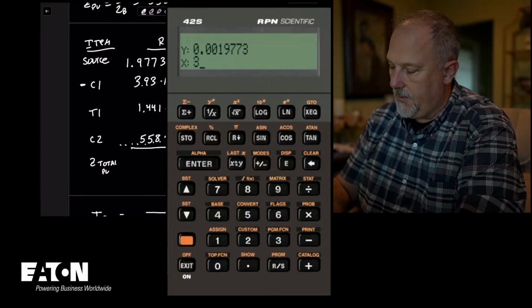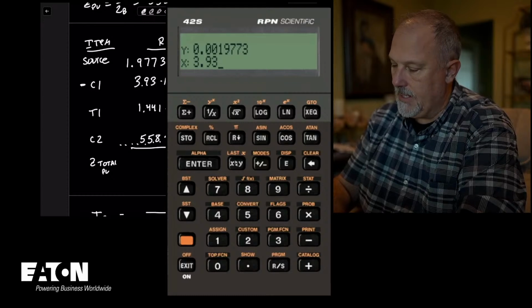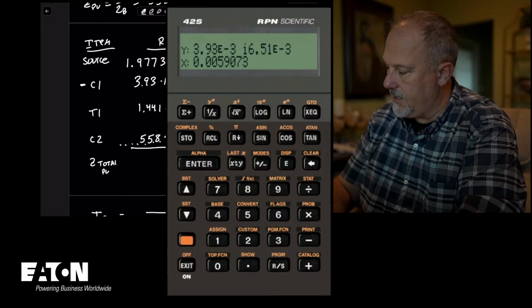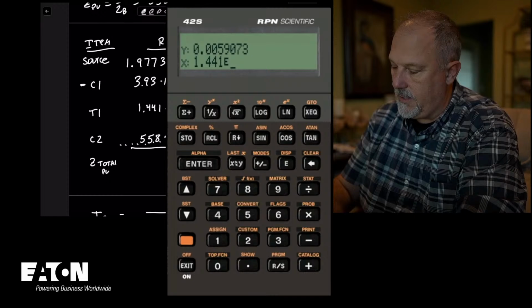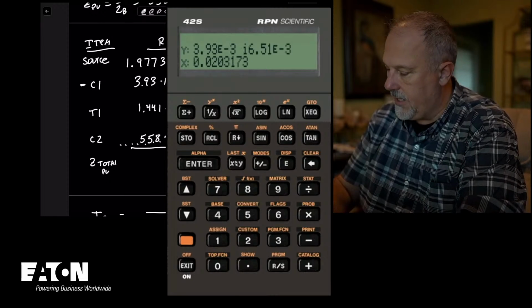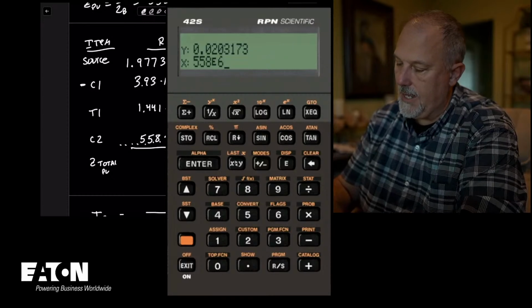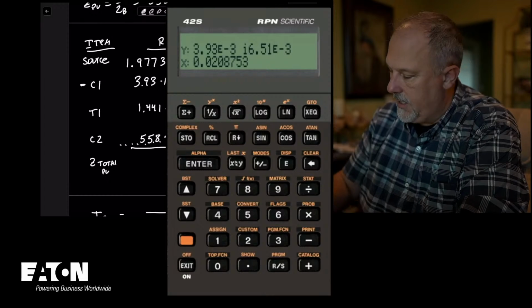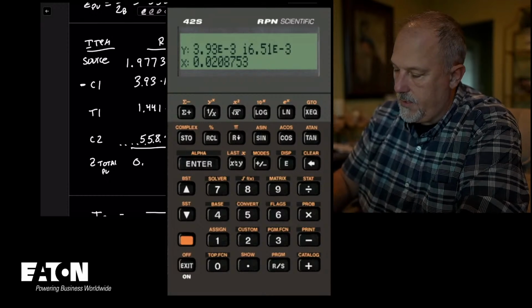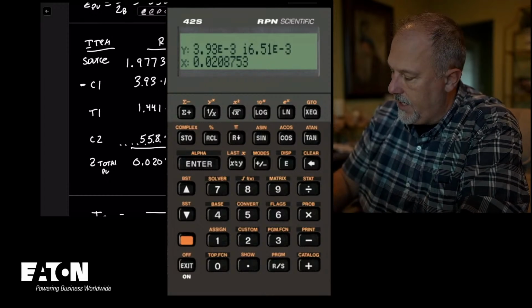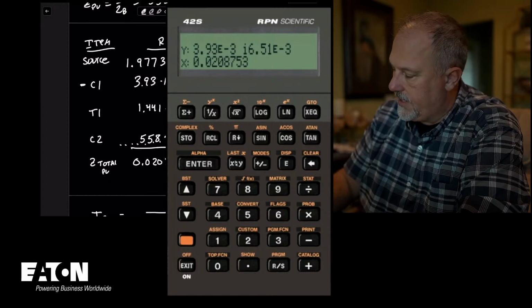Enter. 3.93 times 10 to the negative 3 plus 1.441 times 10 to the negative 2 plus 558 times 10 to the negative 6 plus, that is 0.0208753.